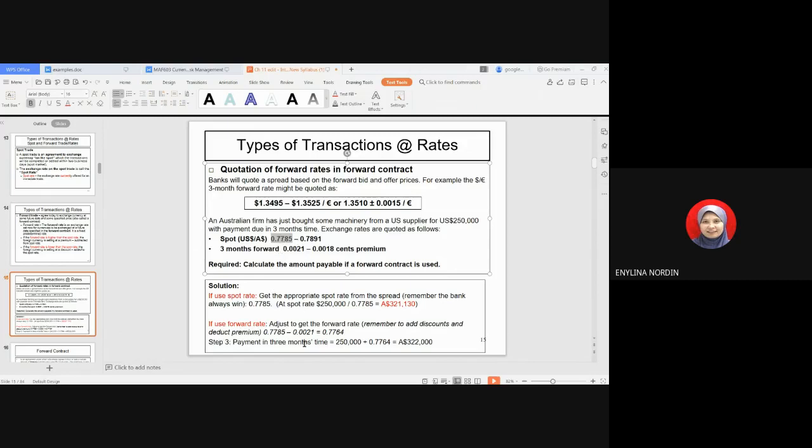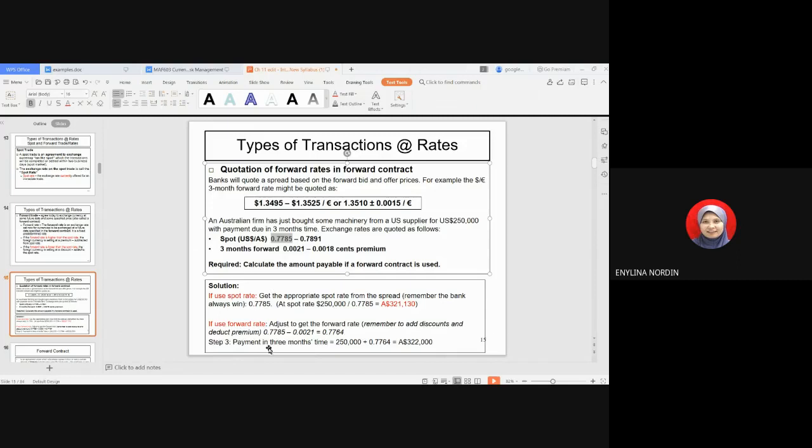Now you want to determine what happens next. You will need to determine how much the Aussie firm has to pay to the bank in order to buy the US dollars, in order to get 250,000 US dollars.